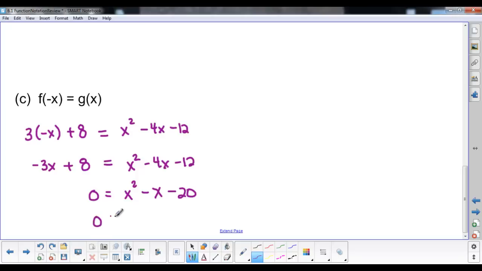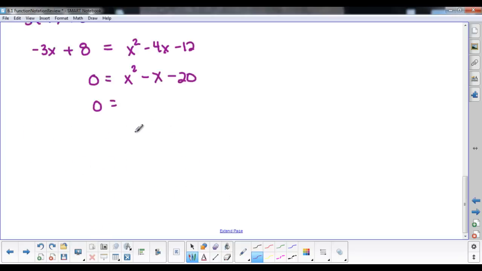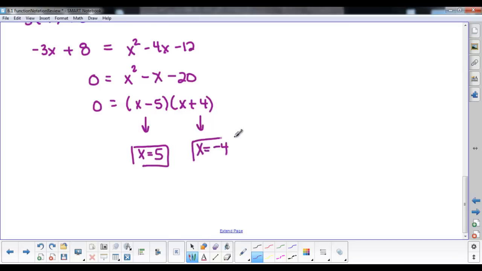So now we want to find two numbers that multiply to negative 20 and add to negative 1. Those two numbers would be negative 5 and positive 4. So to solve, we can say that x equals 5, or we can say that x equals negative 4.